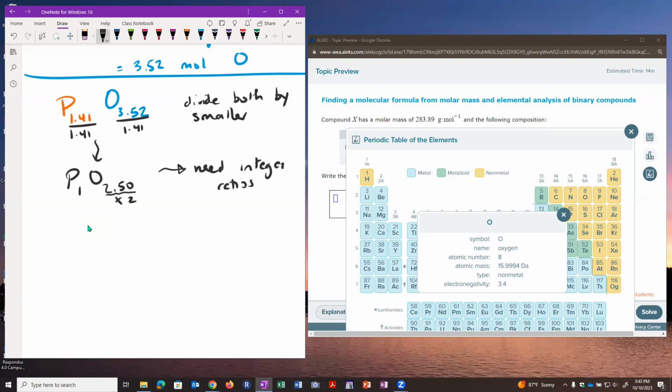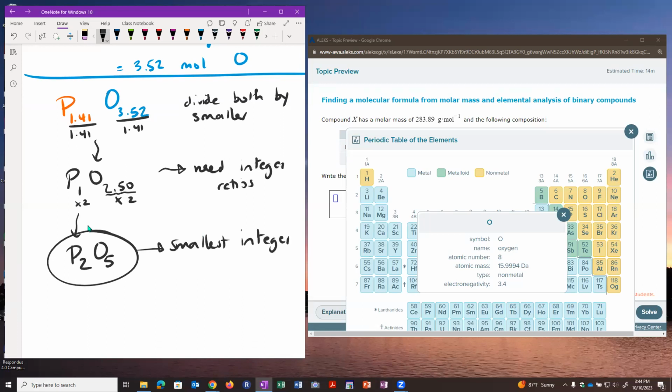If I do that for the first one, I also need to do that for the second one. So 1 times 2 gives me 2 as my subscript now for the P. And then for the O, 2.5 times 2 gives me 5. This ratio here, that's the smallest whole number or integer ratio.